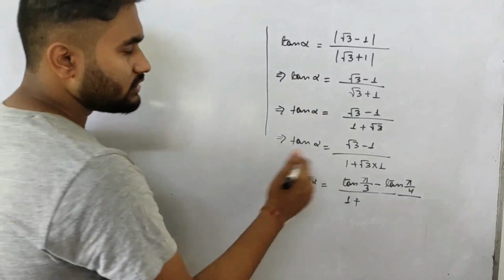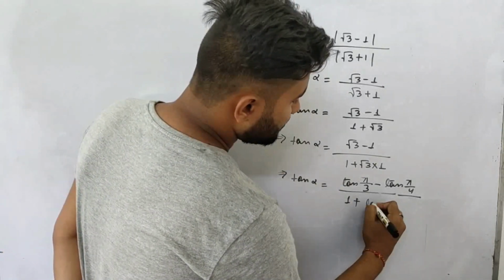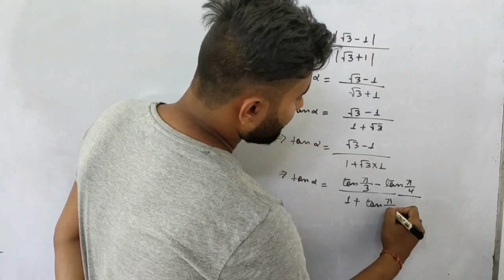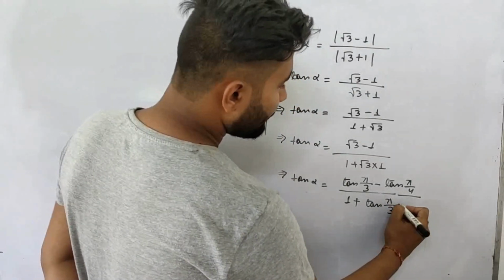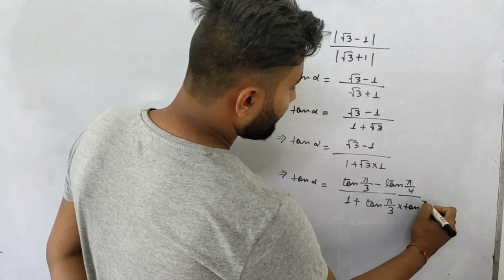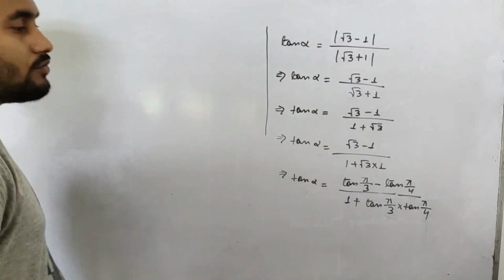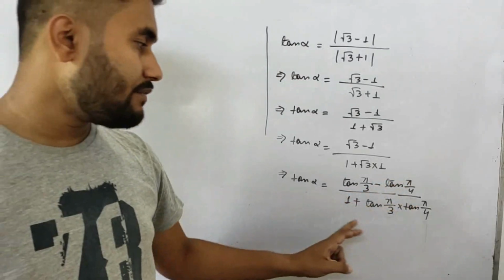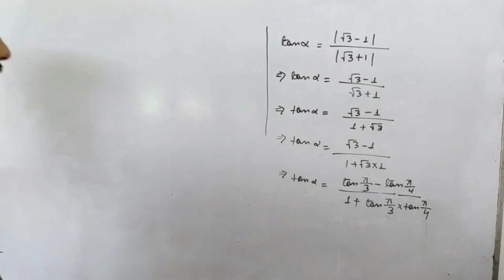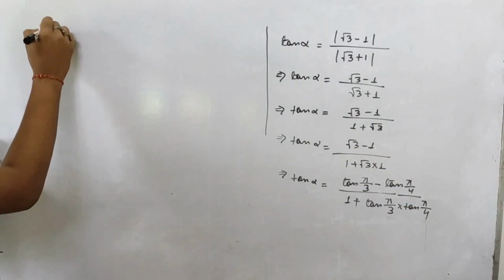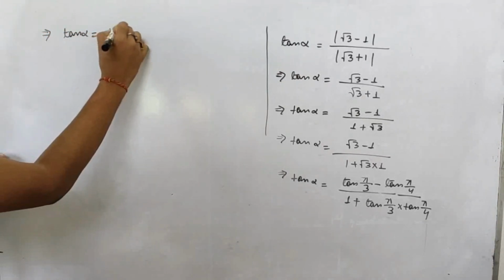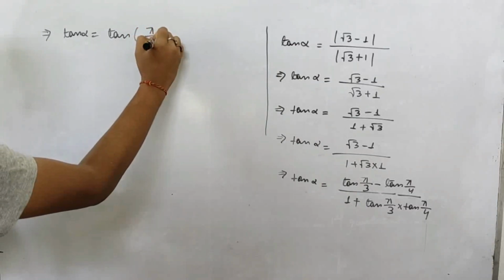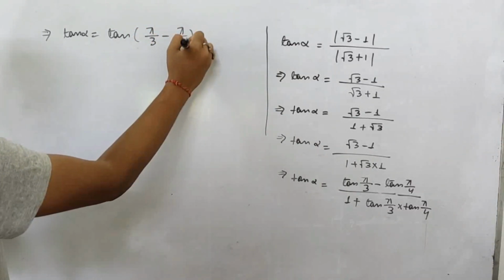Root 3 is tan of pi by 3, and 1 is tan of pi by 4. So what is this formula? Tan a minus tan b over 1 plus tan a tan b. This is the formula of tan (a minus b). What is your a? Pi by 3 minus pi by 4.